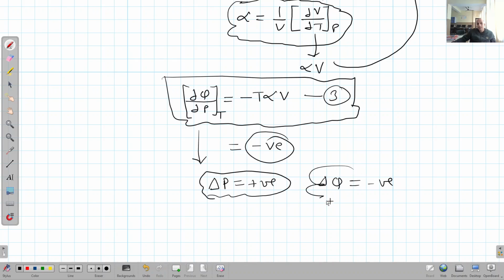Clear? What does it mean? It means that heat is taken away from the system. When delta Q is negative, it means heat is coming out of the system. So it means when we apply pressure on a substance that expands on heating, then on the application of pressure, heat will be generated.